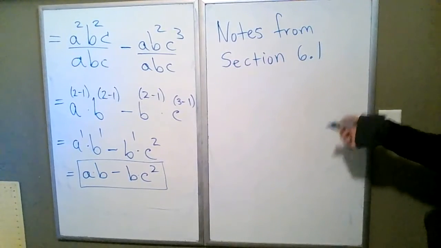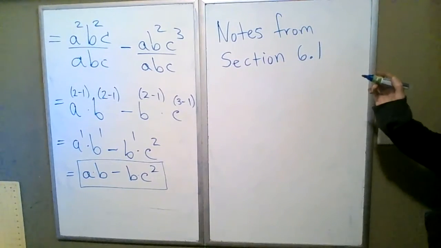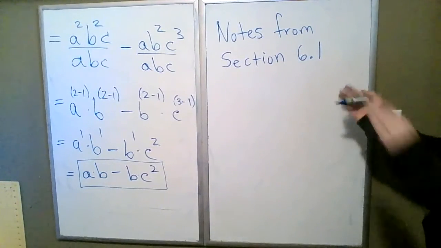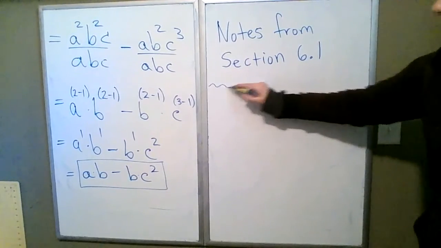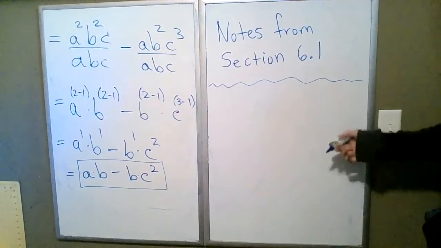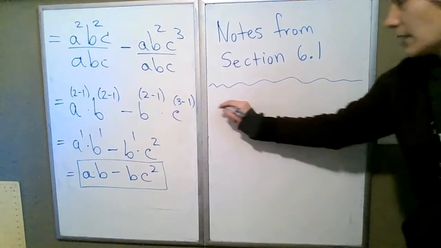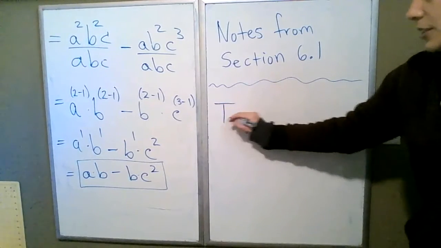Okay, first part is how to find the greatest common factor and how to factor out the greatest common factor. And the greatest common factor, also called GCF.